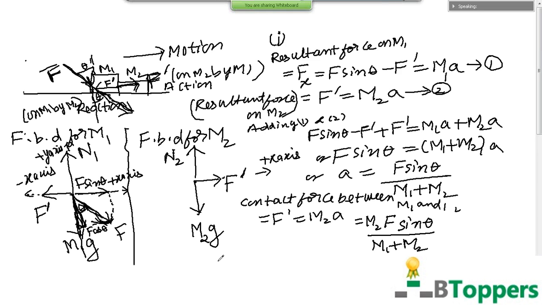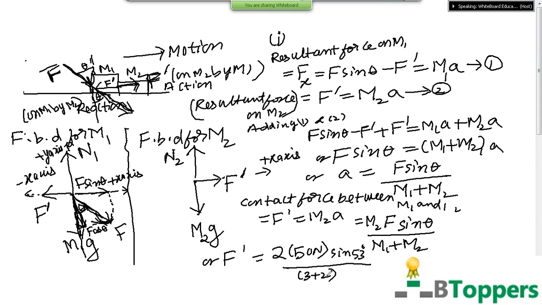Now we can substitute all the given values and simplify it. F is given as 15 newtons, M2 equal to 2 kg, theta is 53 degrees, M1 equal to 3 kg.